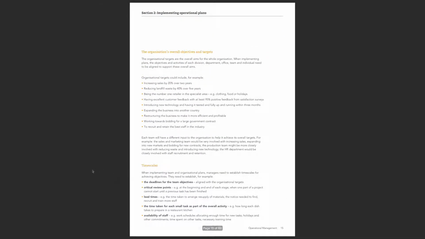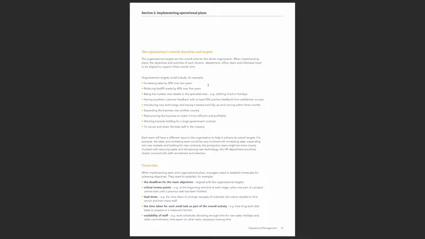The first action is on page 15, the organization's overall objectives and targets. Here it gives you an example for different organizations and fields, but what I want you to consider is how specific and measurable those objectives are.